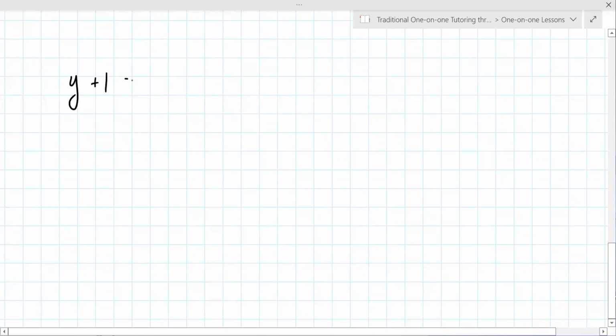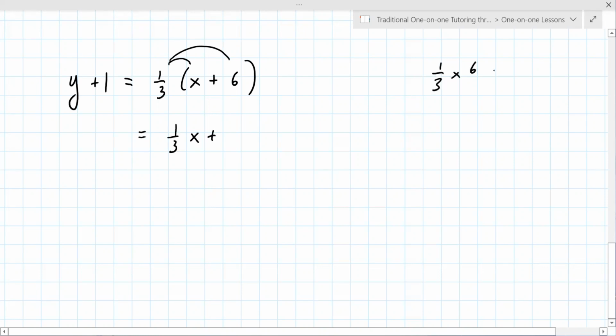y plus 1 equals 1/3 x plus 6. Okay, so we're going to distribute this 1/3 in to the parentheses. So that's 1/3 x plus, it'll come off to the side here, 1/3 times 6. Can you calculate that for me? 1/3 times 6. 6 over 3.